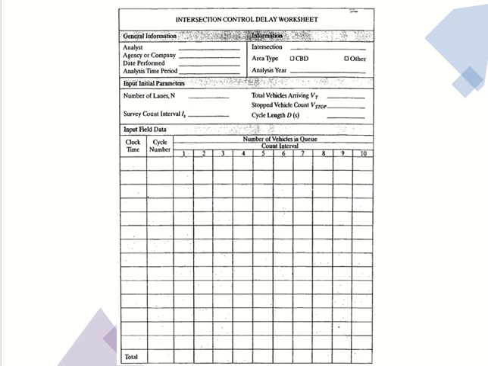So in one cycle, how many observations you will have? How many? 60 seconds. Yes. And you are taking observation after every 10 seconds. 6, right? It was simple, right?